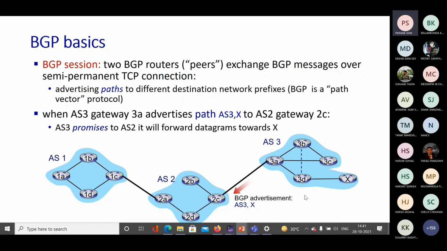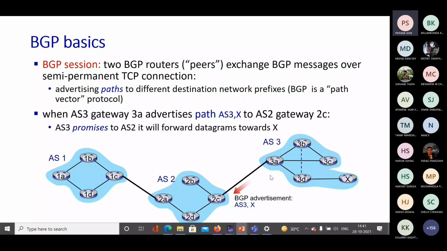Now, when AS3's gateway, that is 3A, advertises the path that if you want to reach X, you have to go through AS3, this is the BGP advertisement that is being sent by this gateway of AS3 to its nearby gateway, which is 2C of AS2.